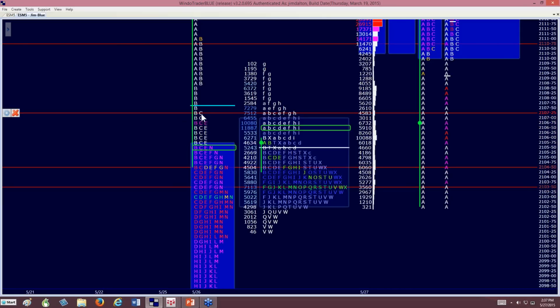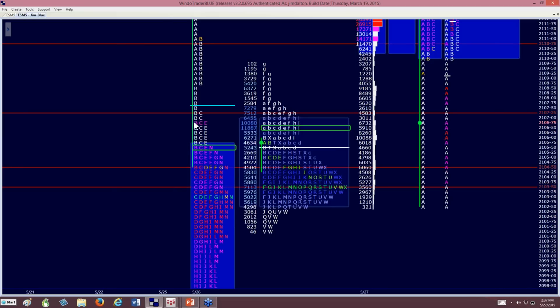There's all single prints above this, which I use the single prints to identify one distribution from another. I didn't count this as a double distribution day, but I'm looking at all the activity that took place down here. Remember, at the end of the day, I thought the market was too short.